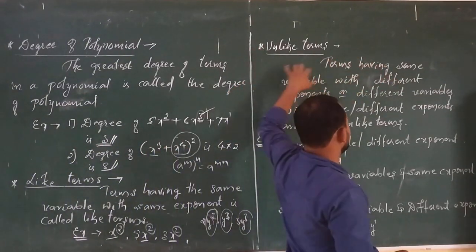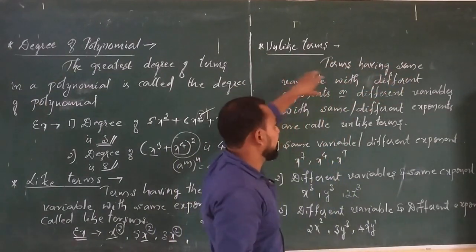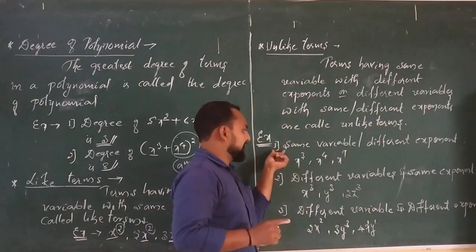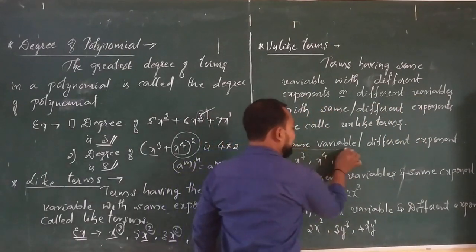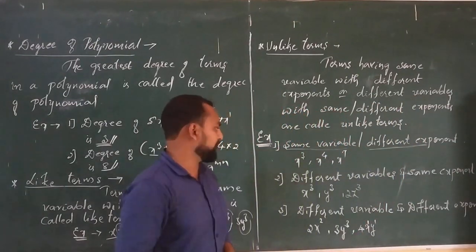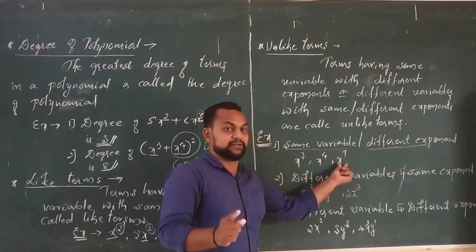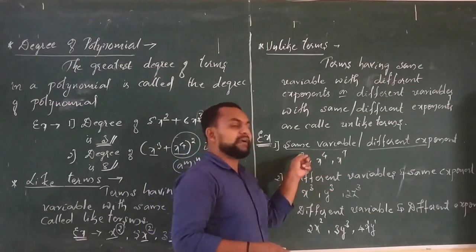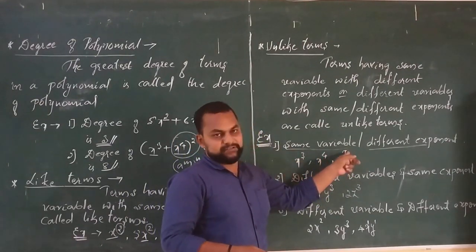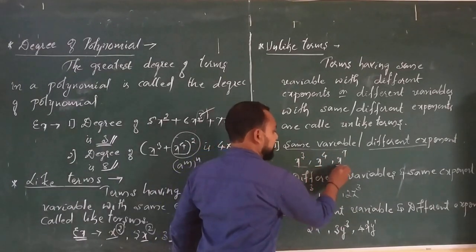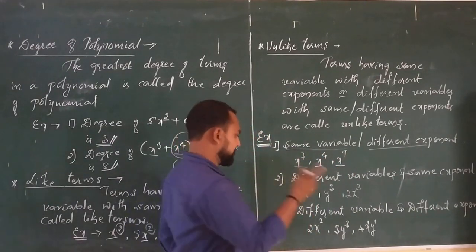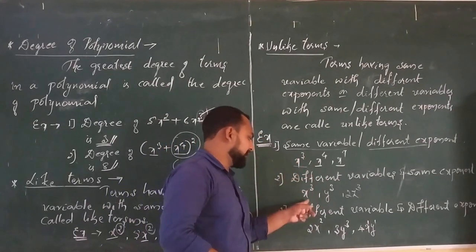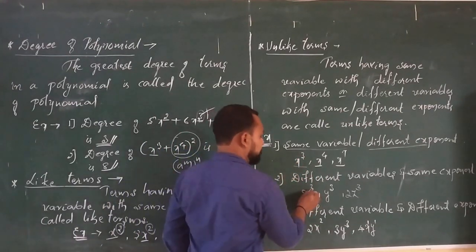The terms having the same variable with different exponents, or different variables with the same or different exponents. Take the first example: same variable x, but different exponents, like 3, 4, 7.